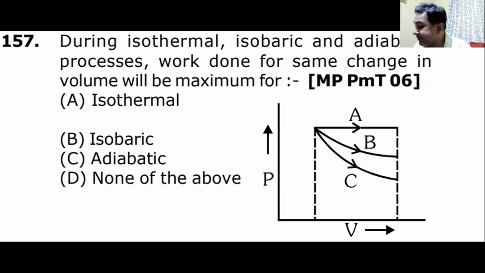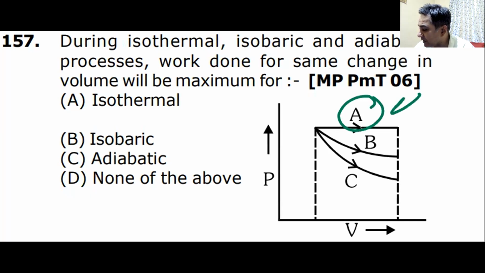And the answer is simply, in which process is the work done maximum? You can see the maximum work will be done in process A, and process A is isobaric. Do we understand this?